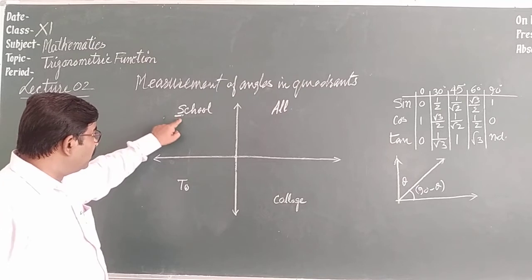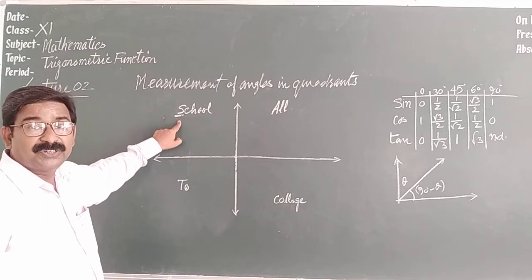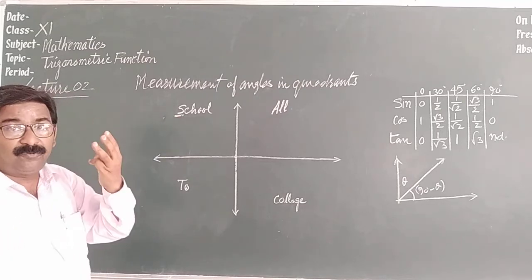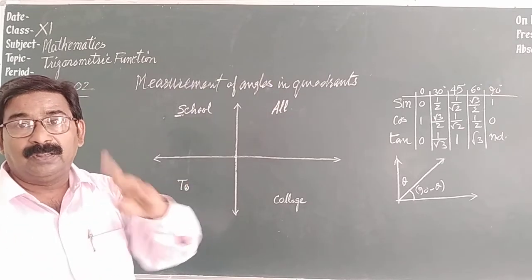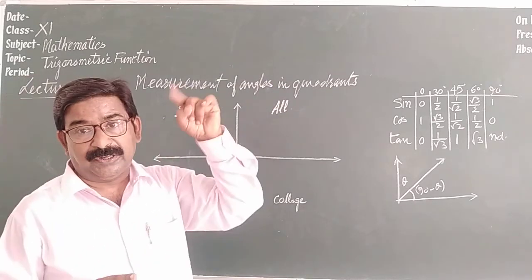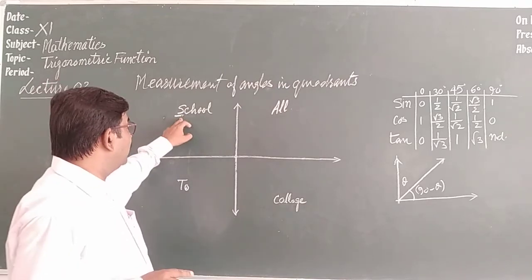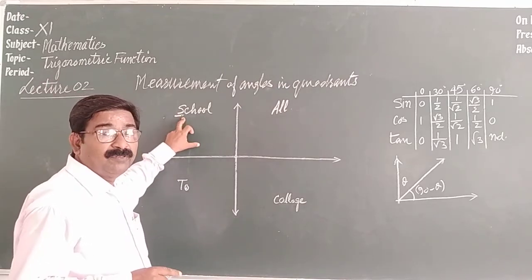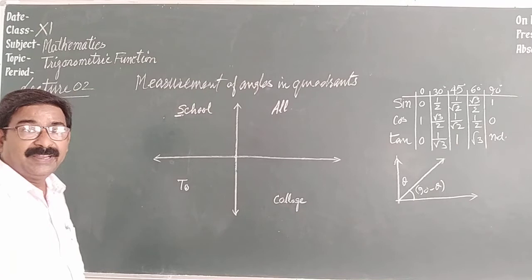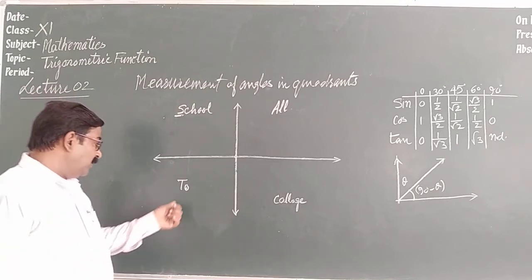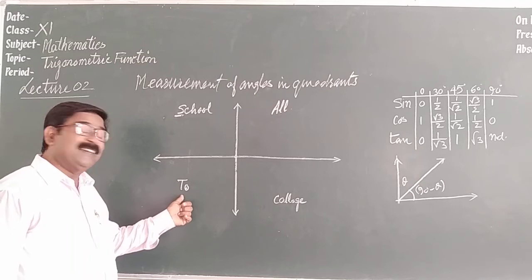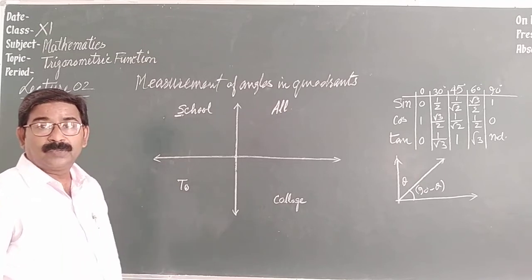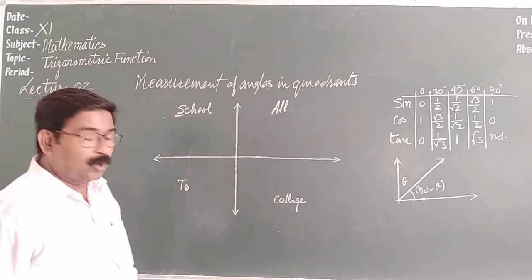The mentioned name is positive and other 4 are not mentioned, means sine and its reciprocal. One is mentioned, its reciprocal is included. So sine and cosec is positive and other 4 are negative. Now here in third quadrant, T stands for tan and its reciprocal cot.